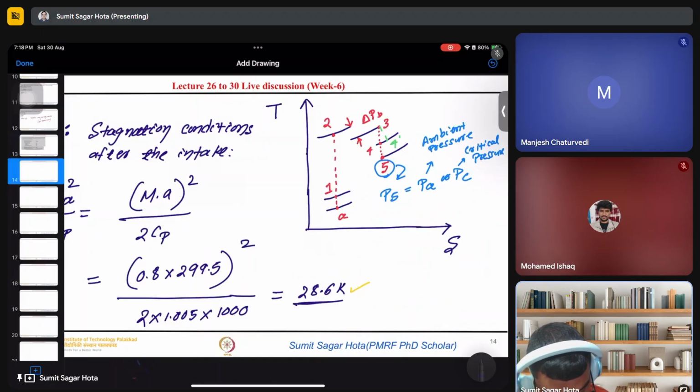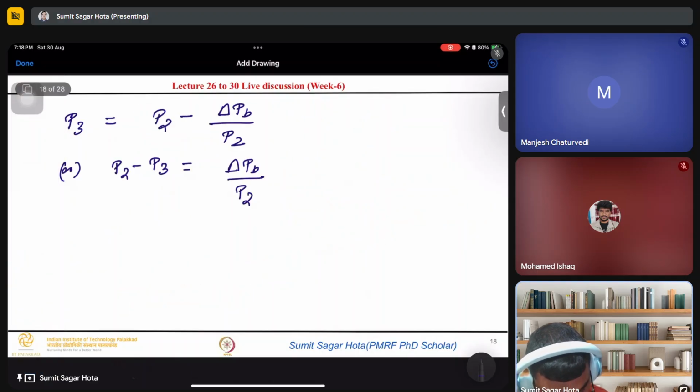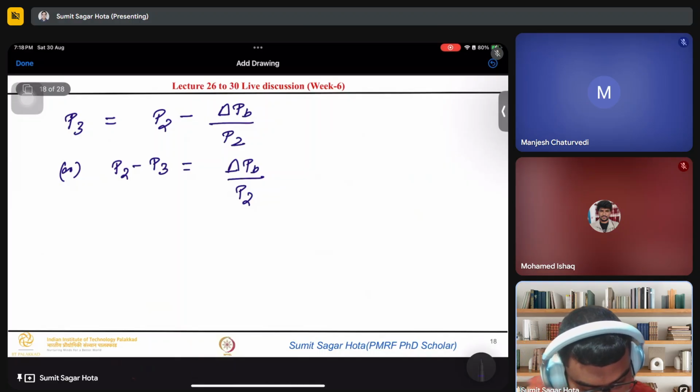So we can write it this way: P2 minus P3 is not directly delta PB, rather P2 minus P3 is equal to delta PB with respect to P2. From here we need to find P3, so you have to use this expression.